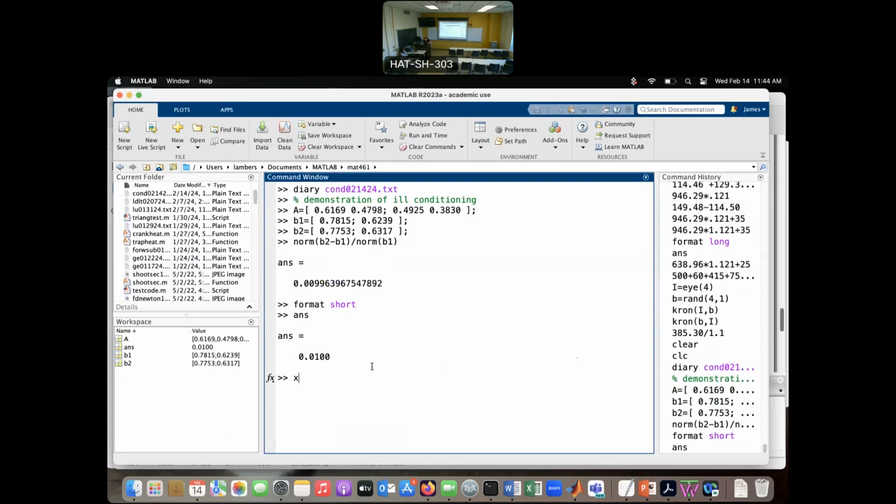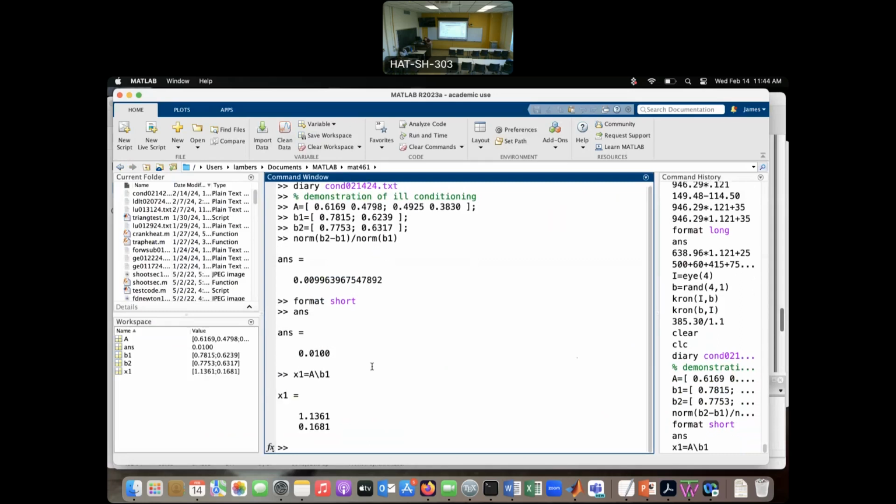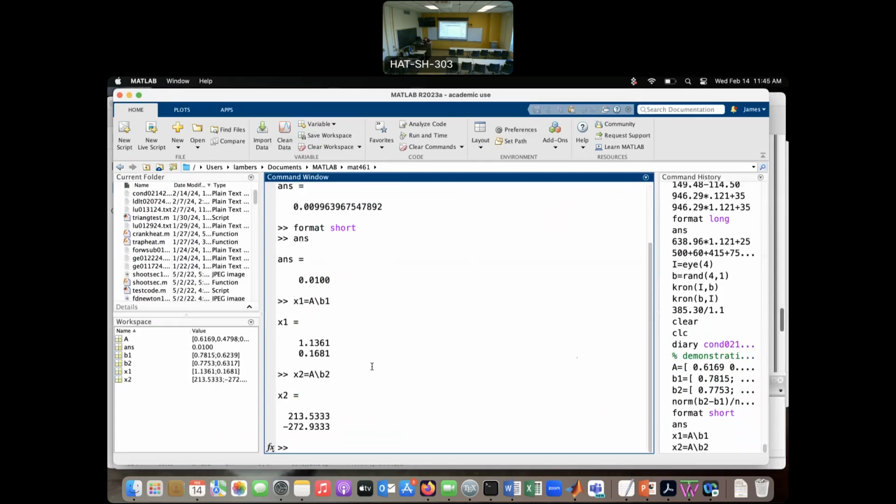Let's find out. I'm going to compute x1 as a solution to Ax equals b1, so the first right-hand side. Okay, so here's my solution. Now I do the same with b2. A little different.